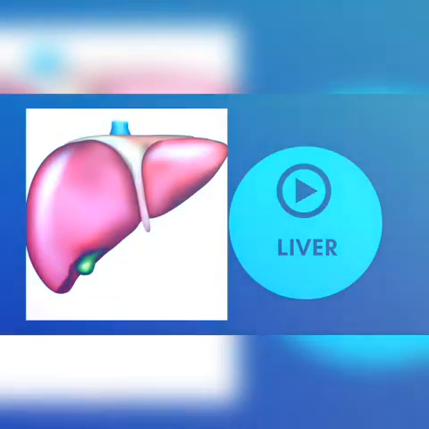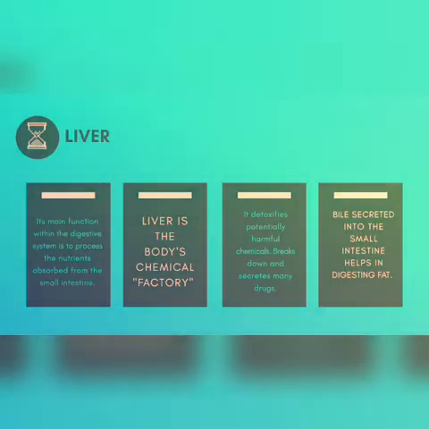So the next one is the liver. The liver has multiple functions, but its main function within the digestive system is to process the nutrients absorbed from the small intestine. Bile from the liver secreted into the small intestine also plays an important role in digesting fat.